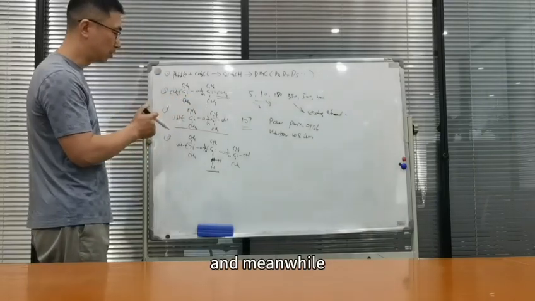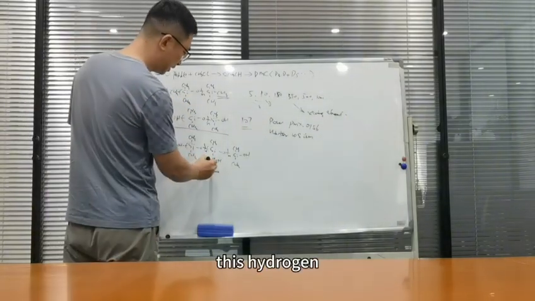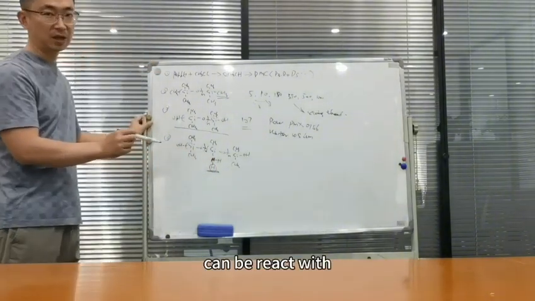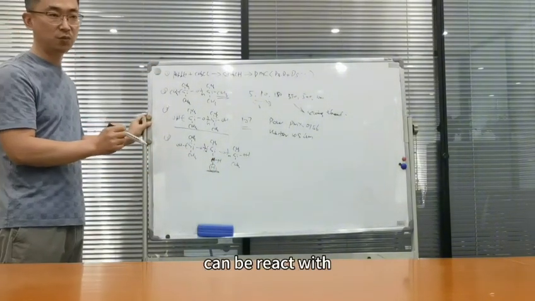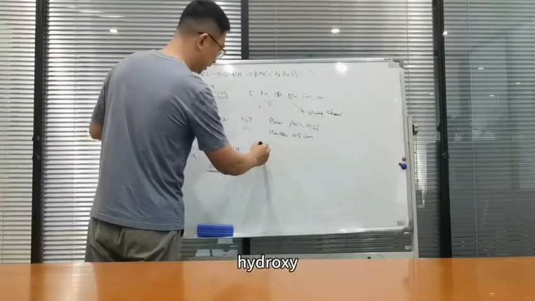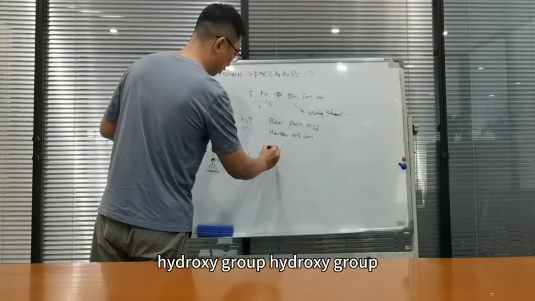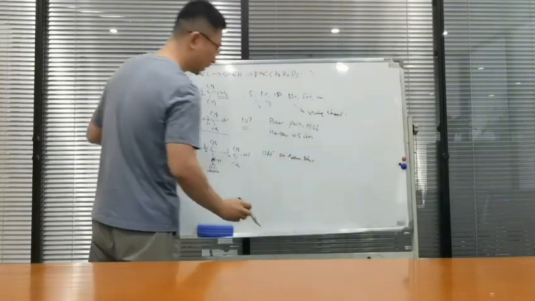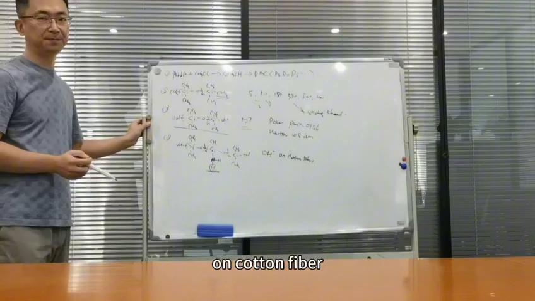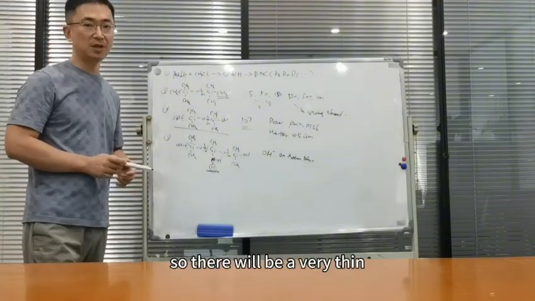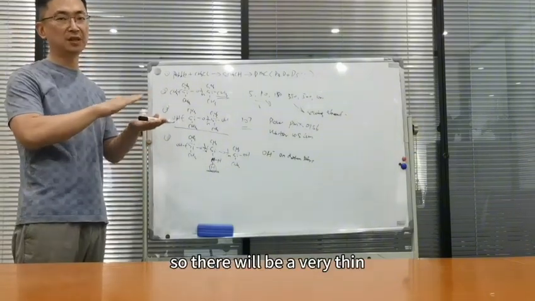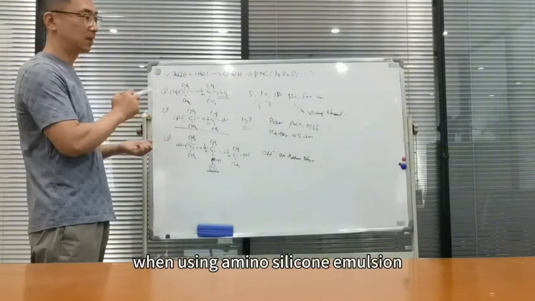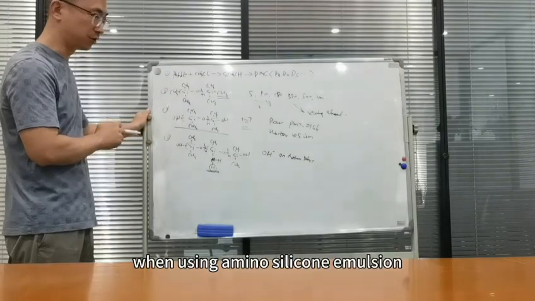As we know, for cotton fabric, during the last 30 or 40 years, amino silicone oil was widely used because it can impart a very soft and smooth hand feeling on cotton fabric, since the amino group can give a very soft hand feeling for cotton fiber. Meanwhile, this hydrogen can react with the hydroxy group on cotton fiber. So there will be a very thin film on the surface of cotton fabric when using amino silicone emulsion.